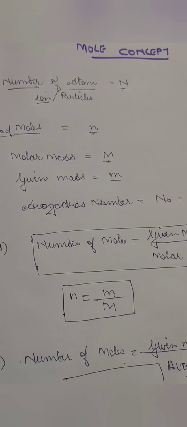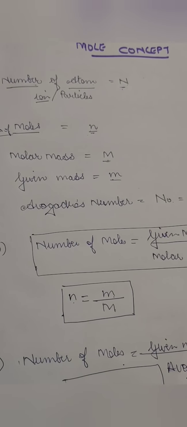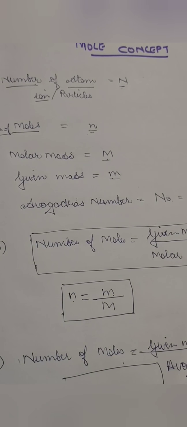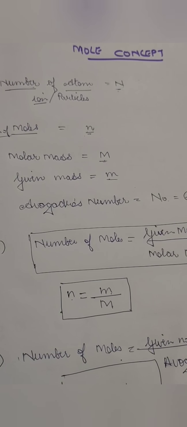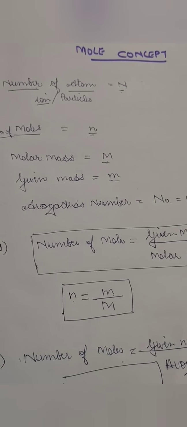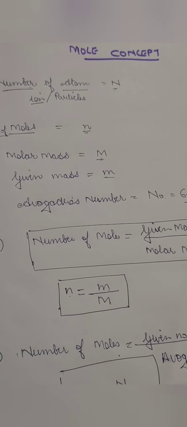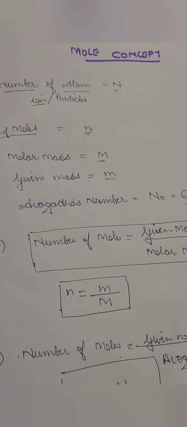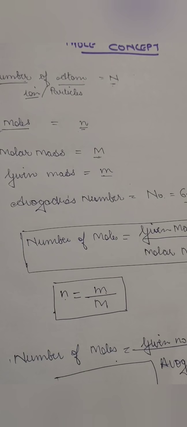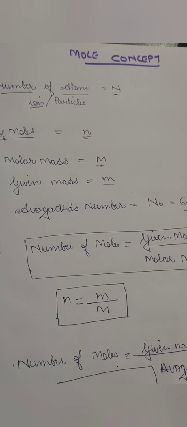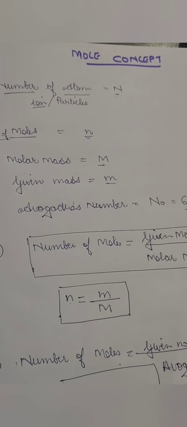So mole is the counting unit, which is used to calculate the mass of particles which are very small and are in bulk. And mole is a link between the mass of atoms and the number of atoms. So whenever we need to calculate the number of atoms, or find the mass of the atom, we use the mole concept, because atoms, ions or molecules are so tiny that we can't count them one by one.